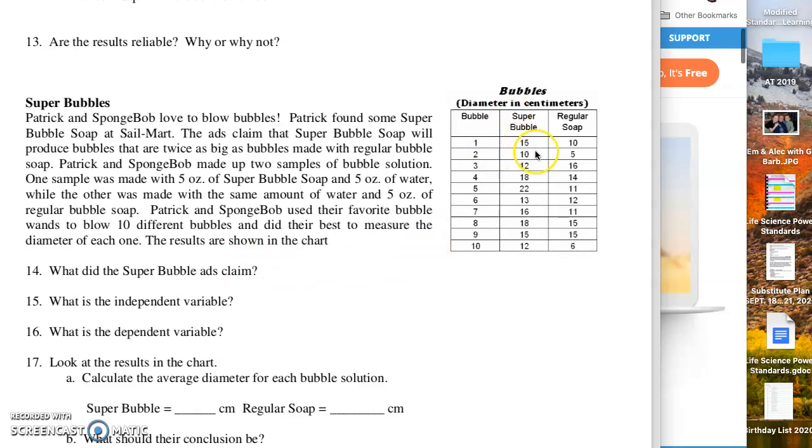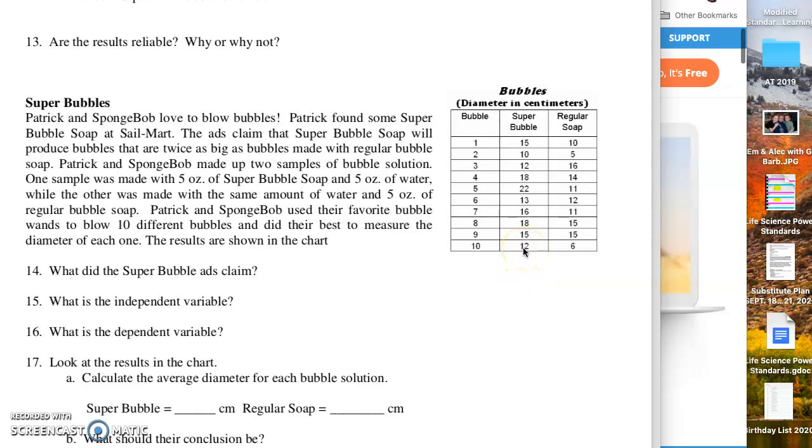Super bubble right here, 10 trials, regular bubble soap right here. What I would do here is add all these up and then get an average. So total them up and divide by 10. Same thing here. And then look at the averages of the trials.